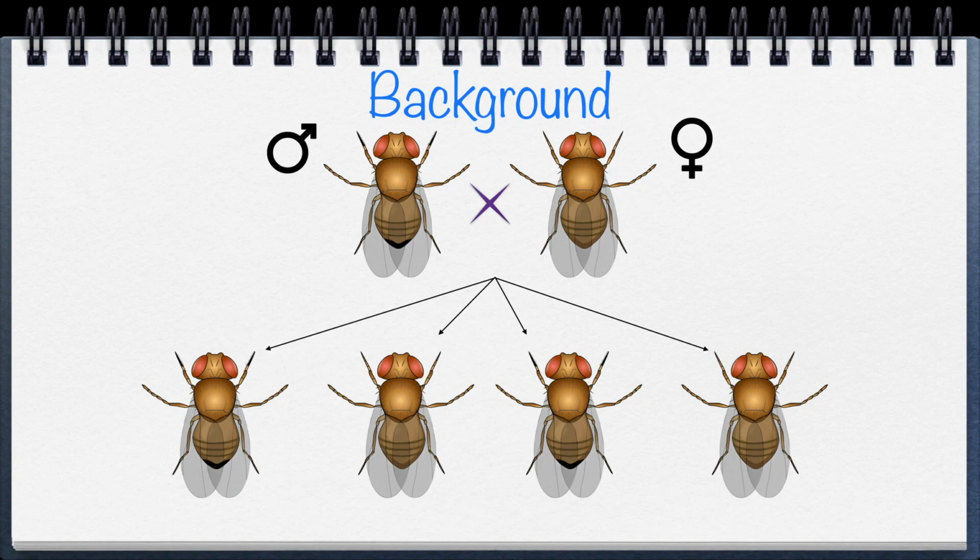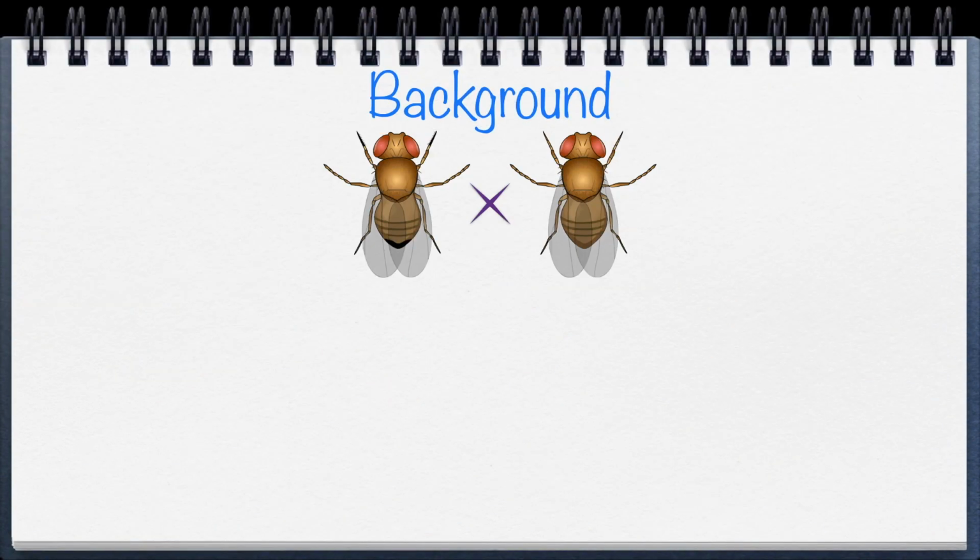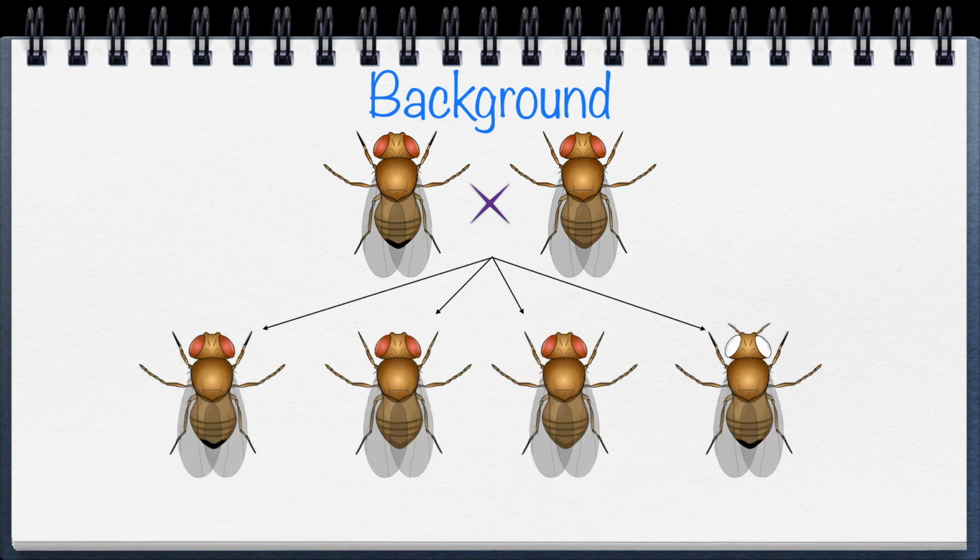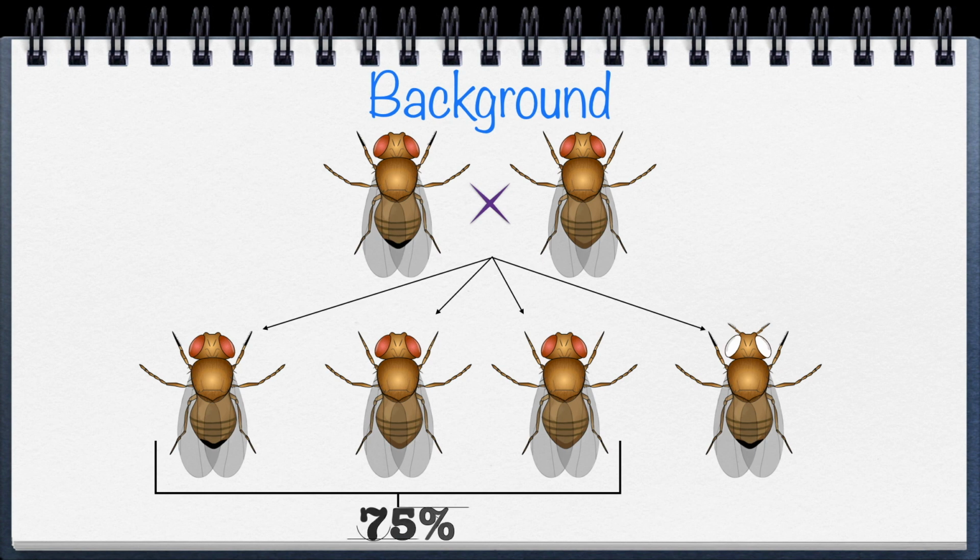But at one point, when they bred 2 red-eyed fruit flies, the results looked something like this. 75% had red eyes, but 25% of the offspring had white eyes.